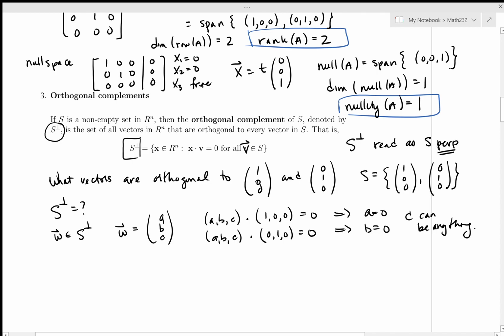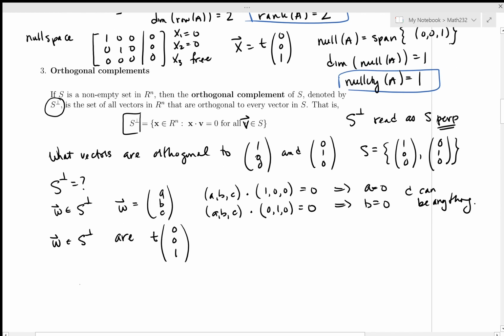So I take those two dot products and I figure that out. The vectors W that are in this orthogonal complement are the ones that look like t times (0, 0, 1). So I could write it this way: S perp, the orthogonal complement of S, is this set of vectors.